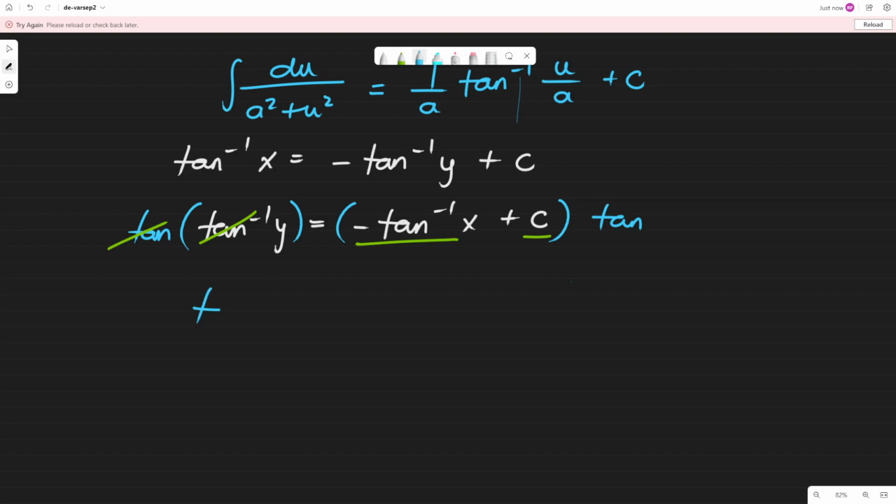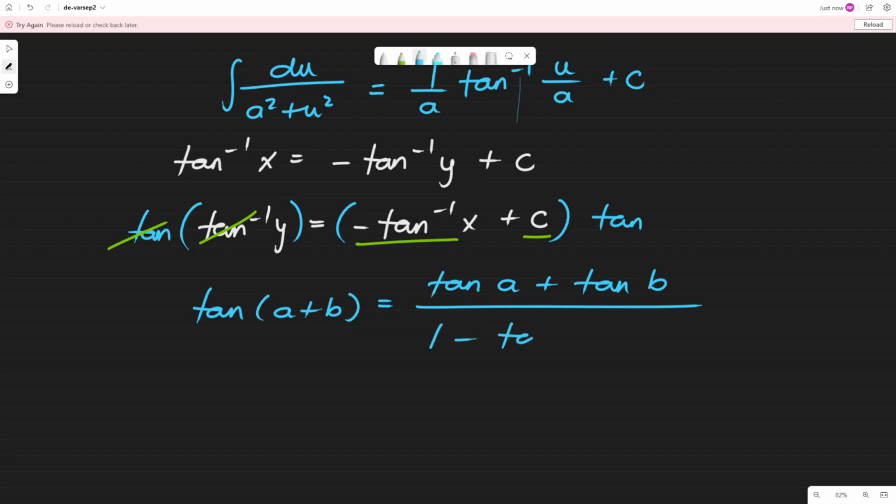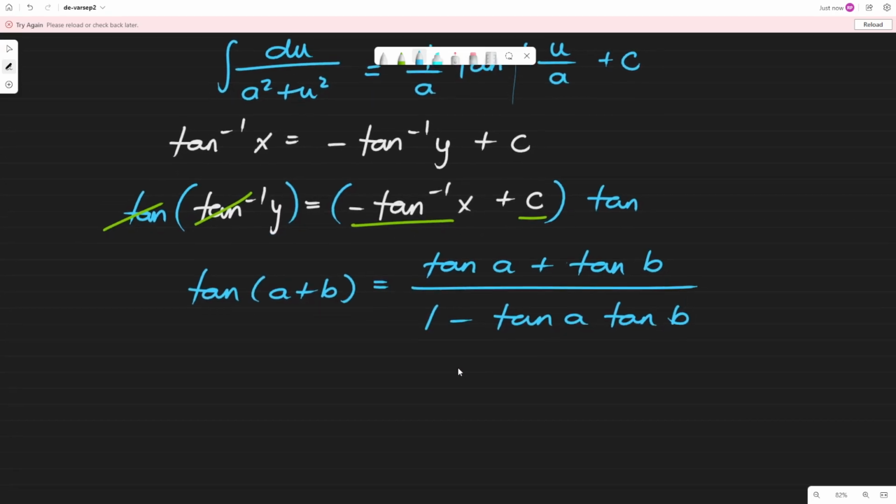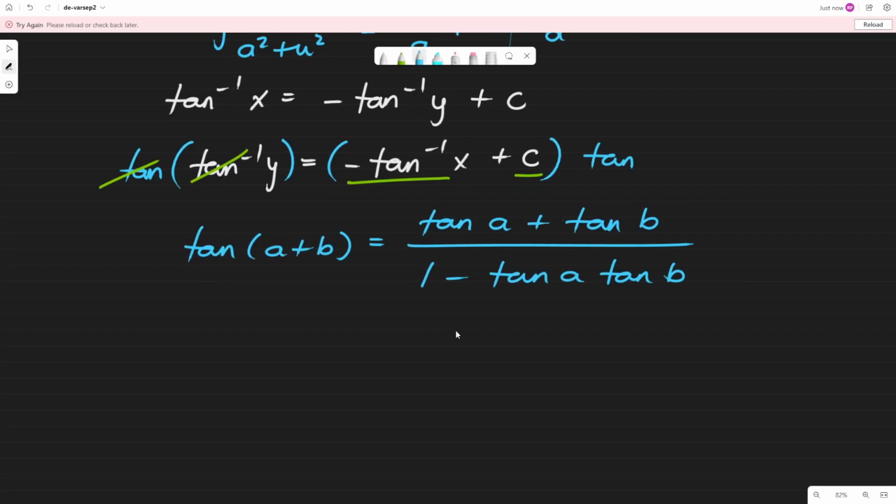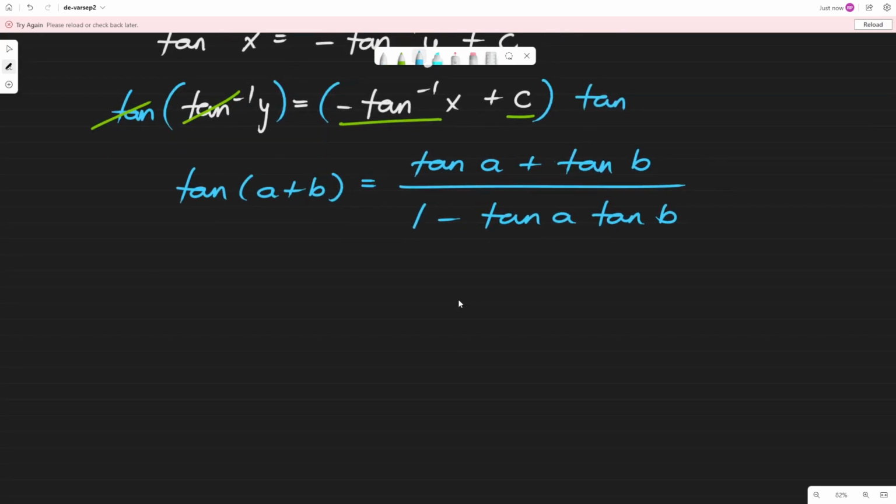So we have tangent of A plus B, which is equivalent to tangent A plus tangent B all over 1 minus tangent A tangent B. So A and B are the two angles na kinukuha natin. Again, A is negative arctangent of x, B is c.